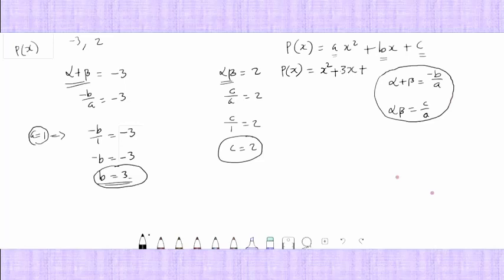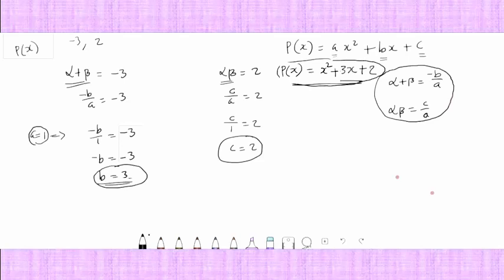Plus 2, right? So this is the polynomial. For this polynomial, the sum of the zeros will be minus 3, and the product of the zeros of this polynomial will be 2.